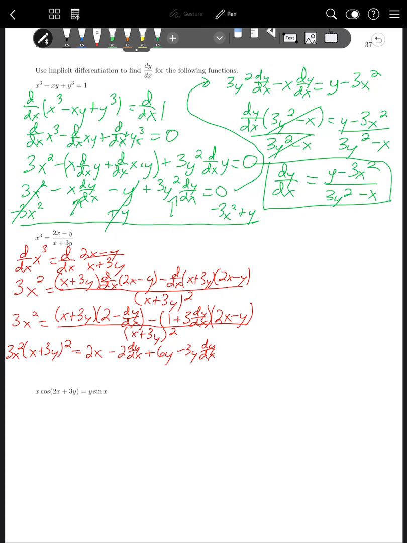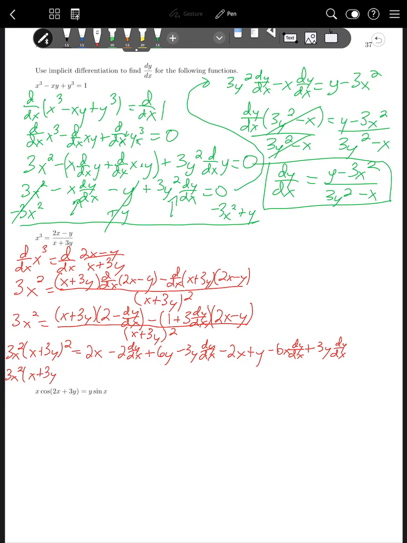So 1 times 2x is 2x, but it's the opposite of that, so minus 2x. 1 times negative y is negative y, the opposite of that is positive y. 3 dy dx times 2x is 6x dy dx, but it's going to be negative, so negative 6x dy dx. And then 3 dy dx times y is 3y dy dx, but it's going to be the opposite of that, so plus 3y dy dx.